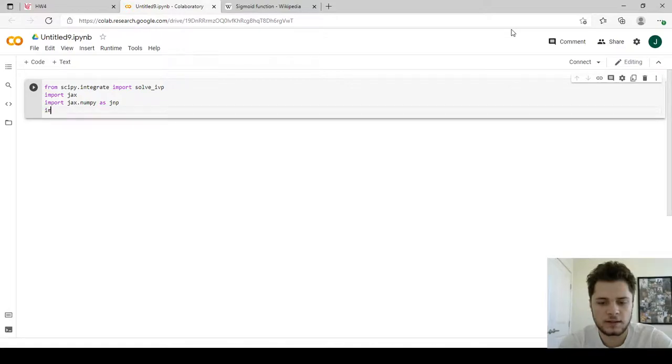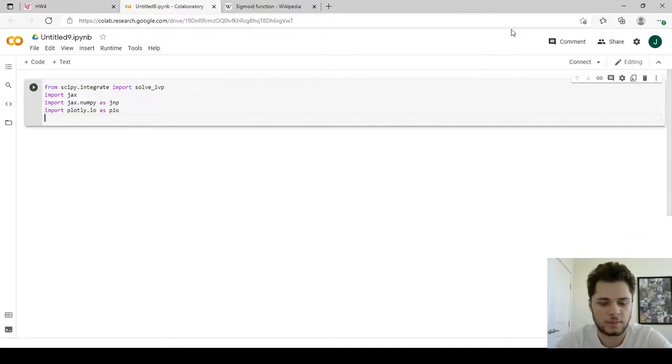And then for the plots, I want to import Plotly. This will just let me plot them. And from that, Plotly.plots.